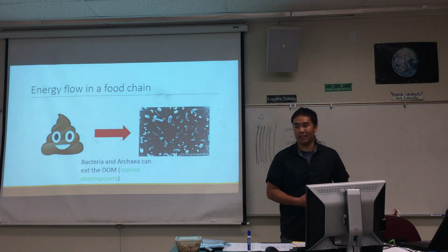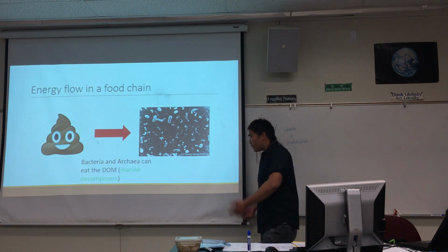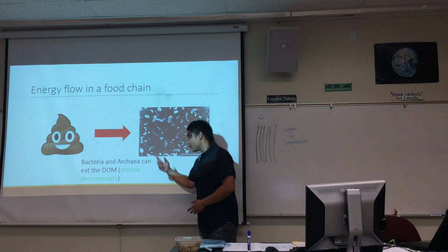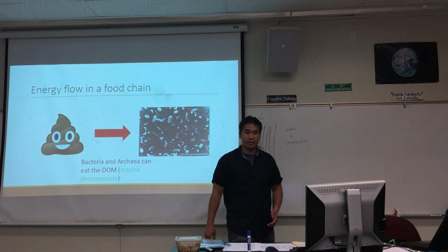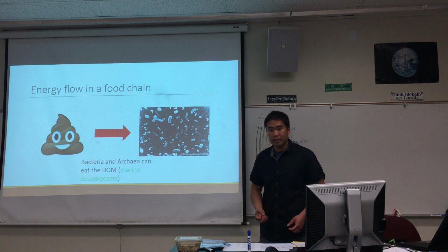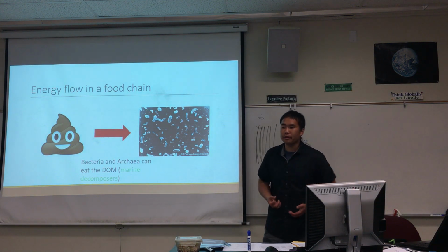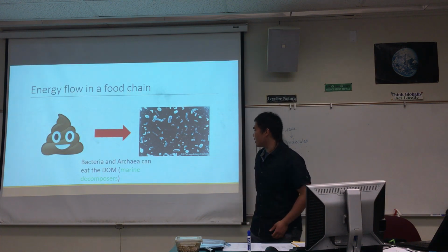Other bacteria, right, that are not primary producers. Bacteria and archaea are the smallest organisms, and they can actually eat the DOM down below the surface. Do they need sunlight? No, they're not primary producers. They don't need the sunlight. They can exist below 200 meters and pick up that DOM.